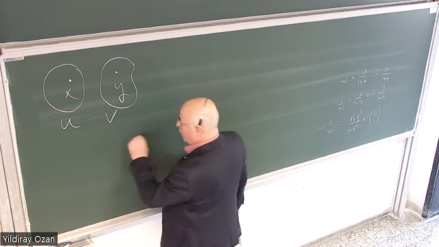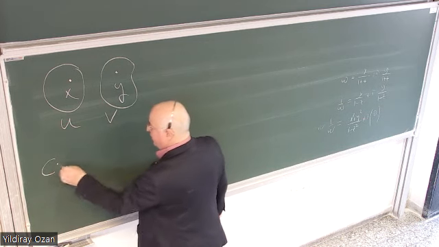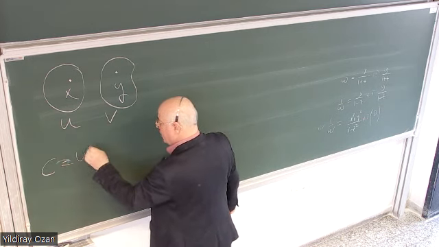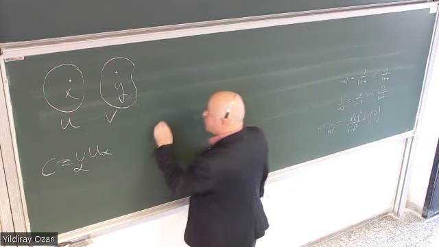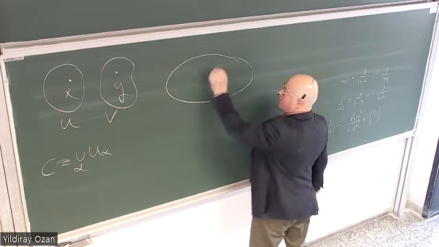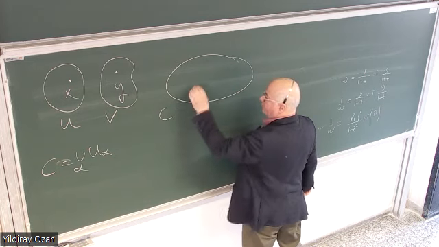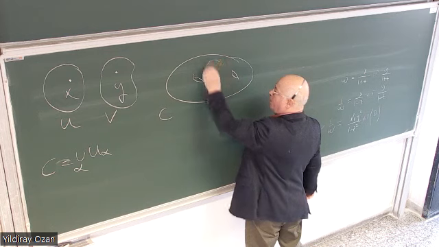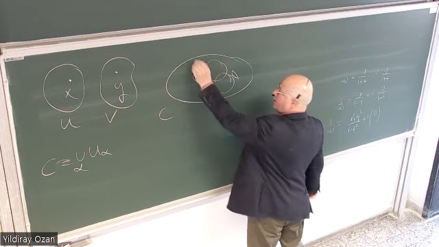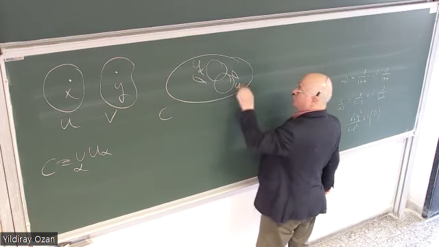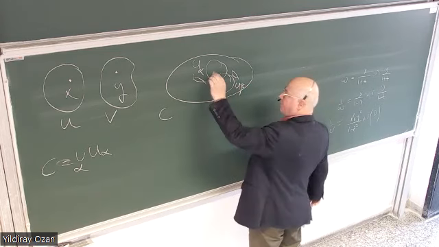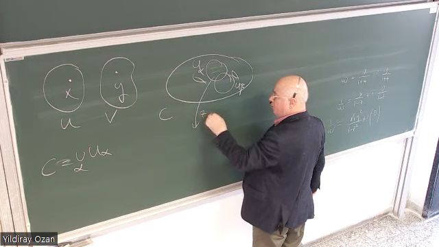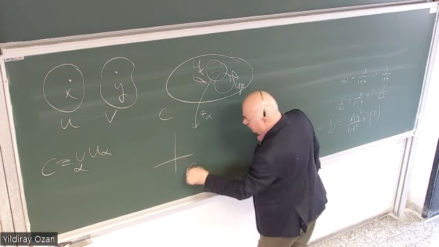So our curve C is covered by open sets, right? I said this is covered by open sets. So our surface, actually C will be a surface, something like this. And it is covered by open sets like this. Let's say this is U alpha, this is U beta. And from this open set, we have some function into the complex line.